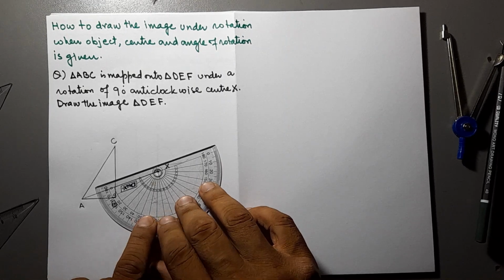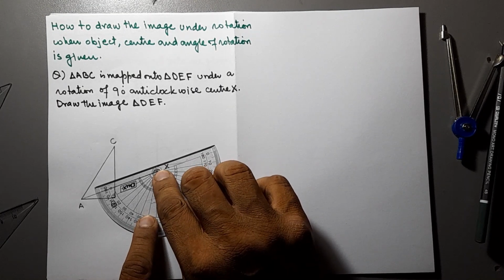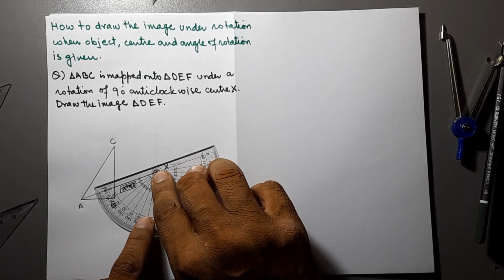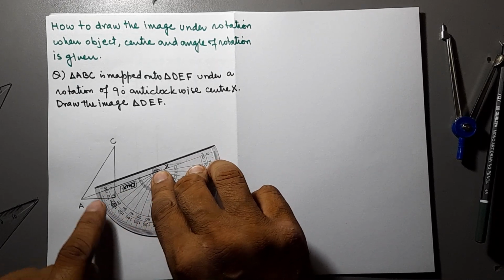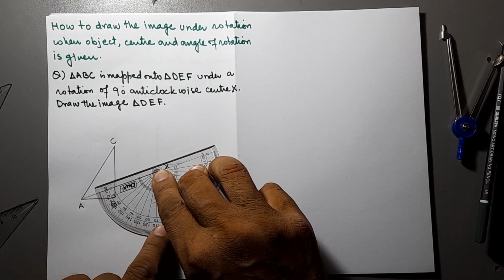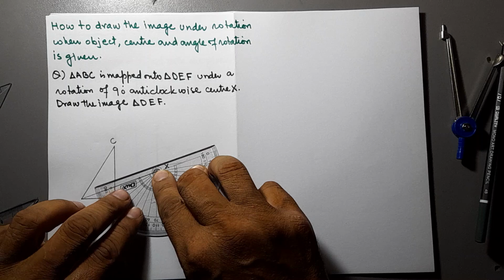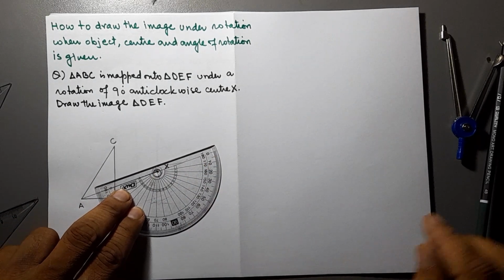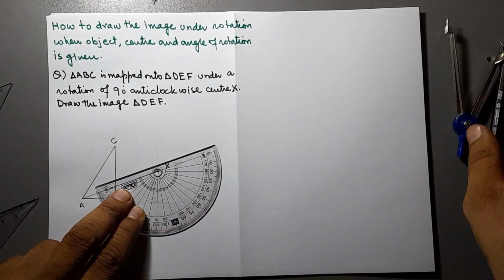Now, with center X and 0 on the line AX, when I count the angles 0, 10, 20, 30, 40, 50, 60, 70, 80, 90, this rotation is anti-clockwise.